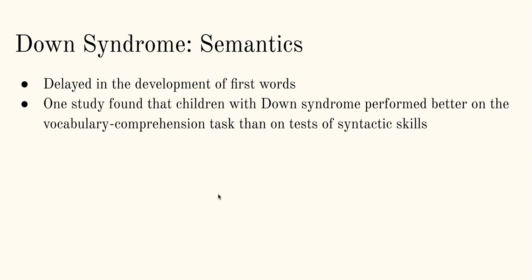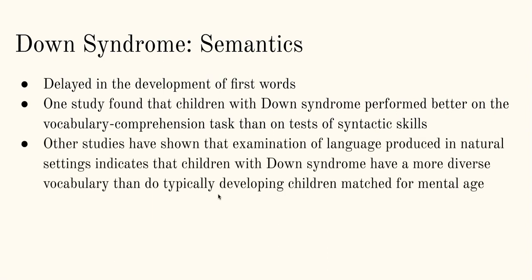So their semantics and vocabulary is going to be a little bit better than their syntax. Other studies, however, have shown that language produced in natural settings indicates that these kids are going to have a more diverse vocabulary than do typically developing children matched for mental age. And that makes sense, right?